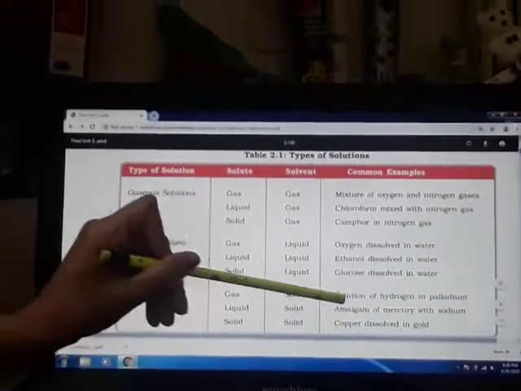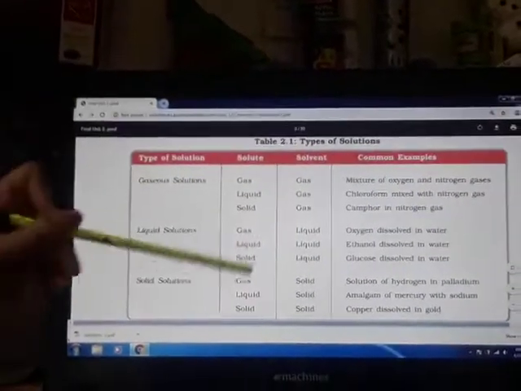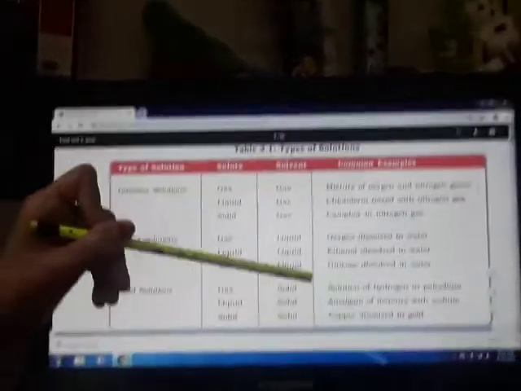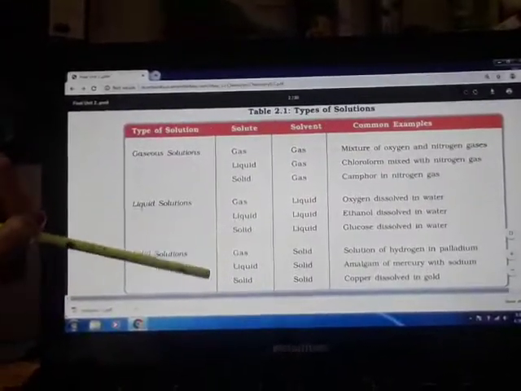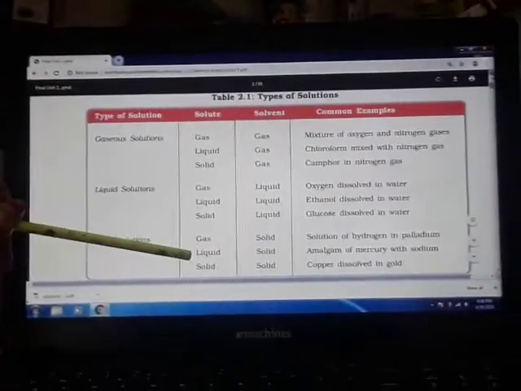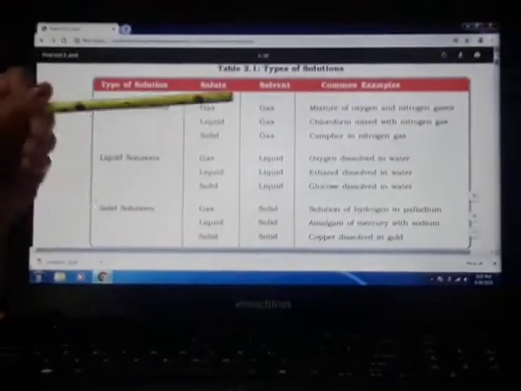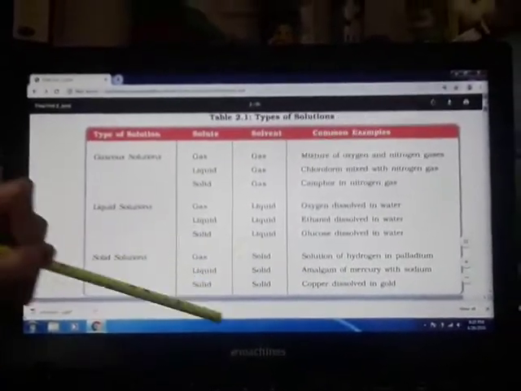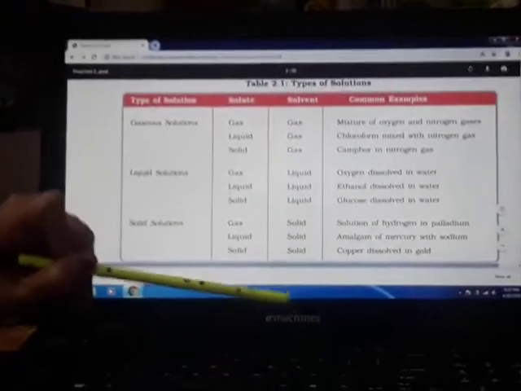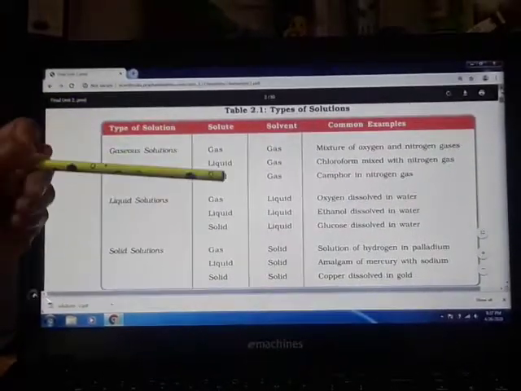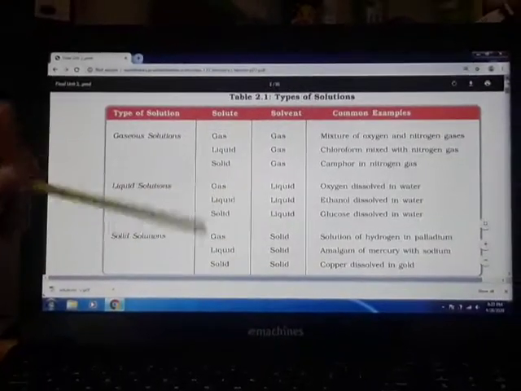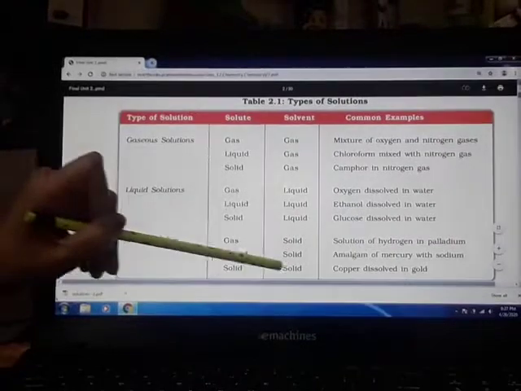Solid solutions, we may have gas dissolved in solid. The best example is when hydrogen is adsorbed on the palladium, which is used as a catalyst. Next, we may have liquid dissolved in solid, like mercury absorbed in sodium, which is again used as a catalyst in several reactions. Then there is solid dissolved in solid.